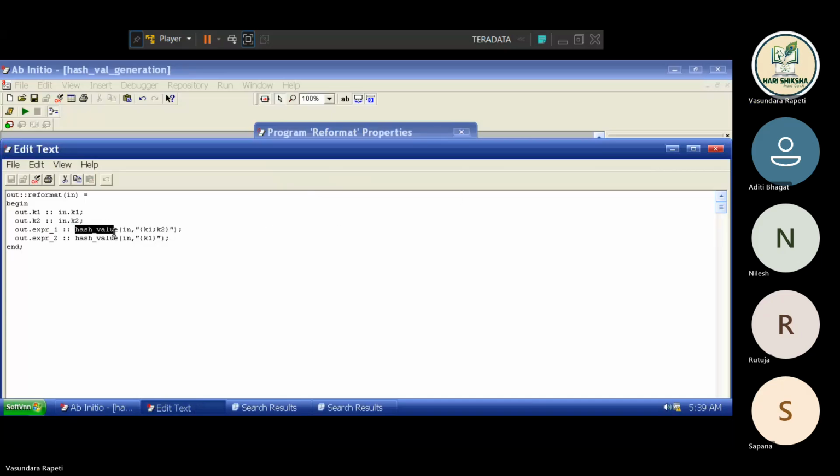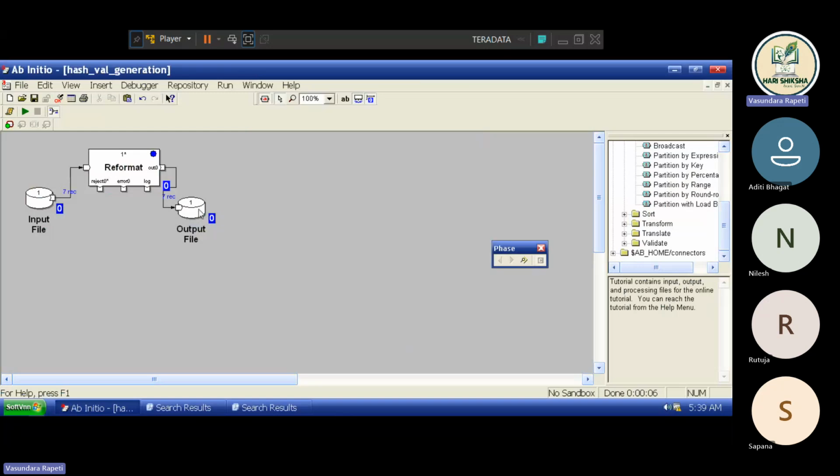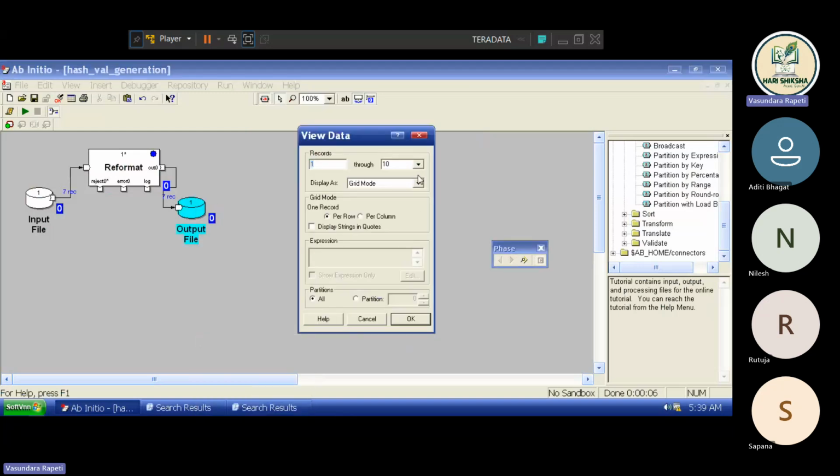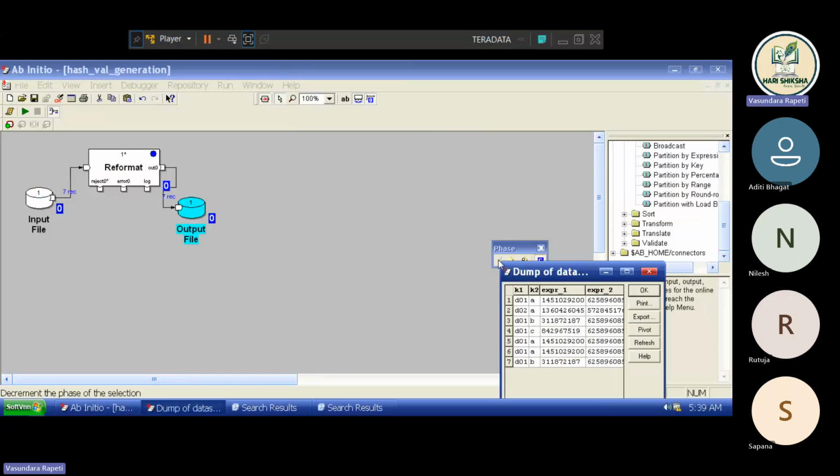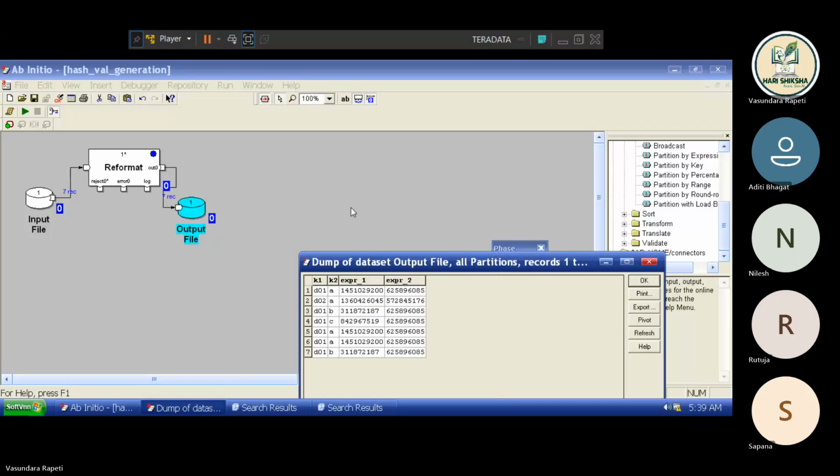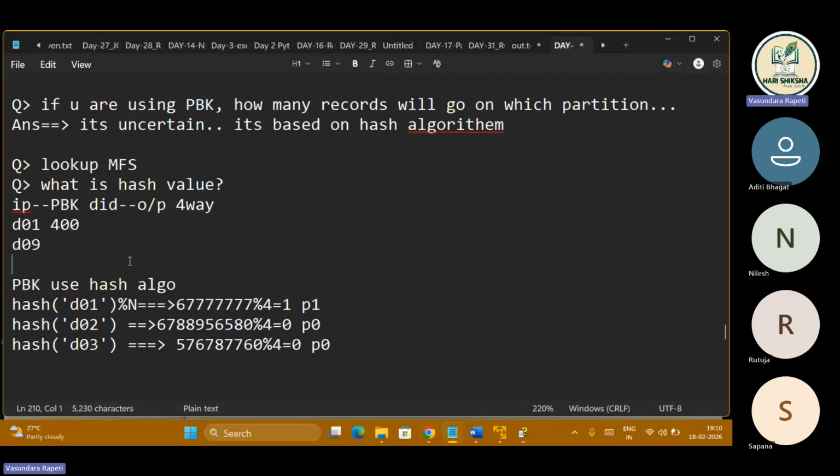You can give a combination of keys, like two keys combination or one key. I have shown this in this class, right? I think I showed it at the time of joining two keys. First one is the K1, K2 combination value. Second one is only the K1 value. So D01 here, D01 here, this value and this value are the same, right? But combination on combination, the value is different. So that is how to calculate the hash value. That's clear. Any question or confusion here up to now?